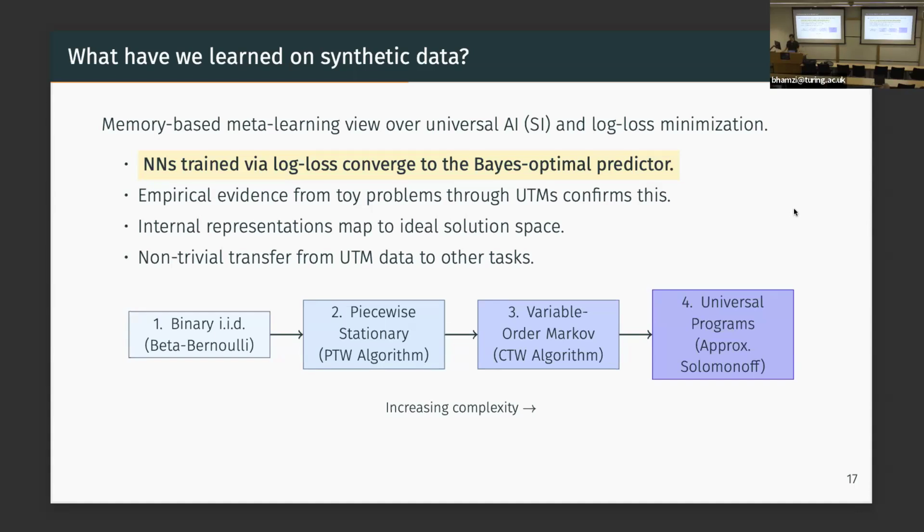On the smallest problem, where we know what the true posterior should look like, we can show that the internal representations of the neural network really resemble the tree structure we saw. And we also saw that there's non-trivial transfer from UTM data to Chomsky tasks and to CTW data sets. So that's a very interesting analysis.